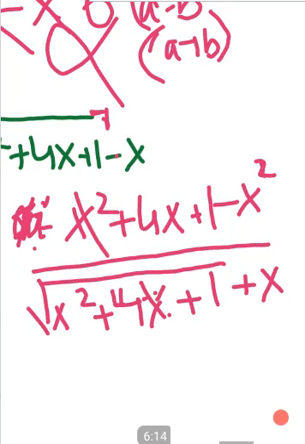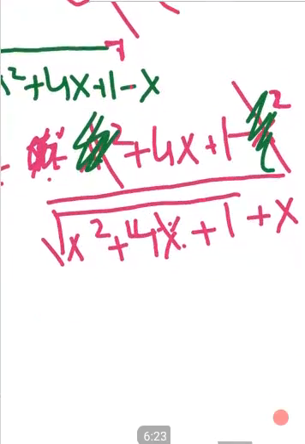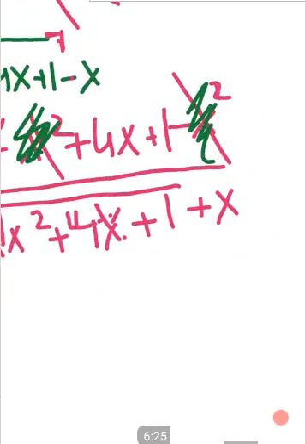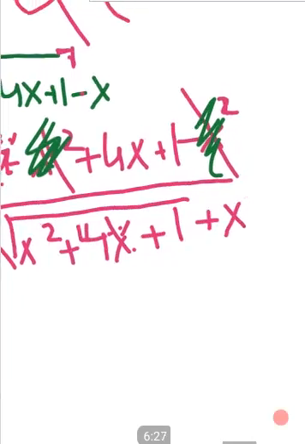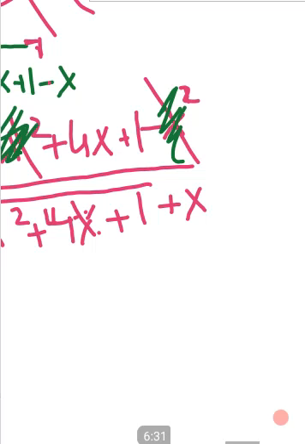So we cancel out these x squares, and that's better. We are left with 4x plus 1, and in the denominator there is some irrational part. So we'll multiply and divide this by 1 over x.